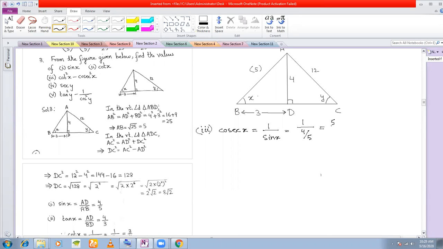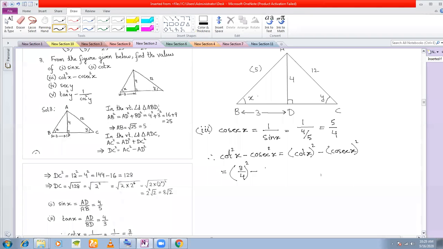So this becomes 5 by 4. So therefore, cot square x minus cosec square x is cot x whole square minus cosec whole square. Cot x, in part 2, we had calculated cot x to be 3 by 4.